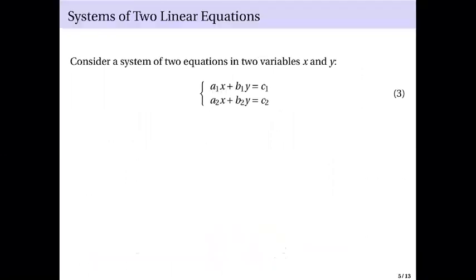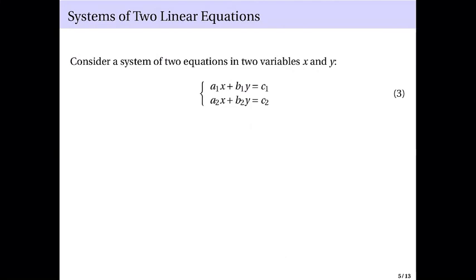So here's what we're going to do. We will consider a system of two equations in two variables, x comma y. The first equation, let us label that as a1x plus b1y equals c sub 1, and the second equation is a2x plus b2y equals c sub 2.